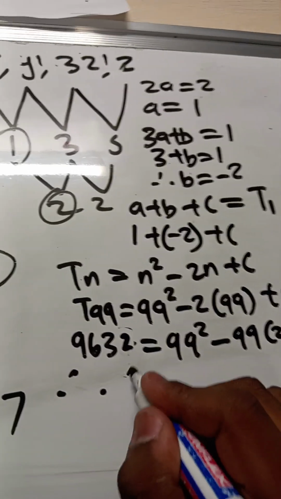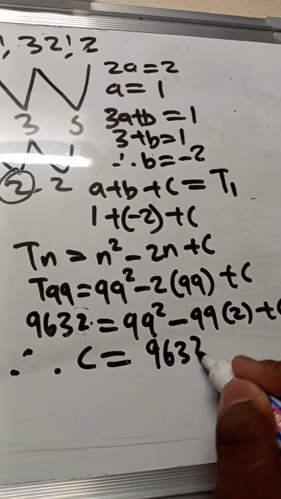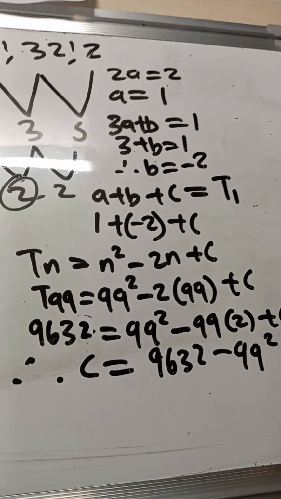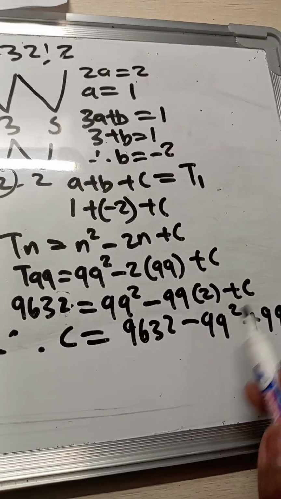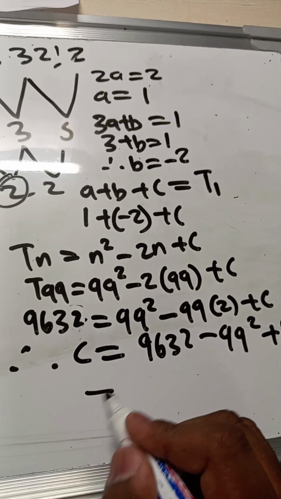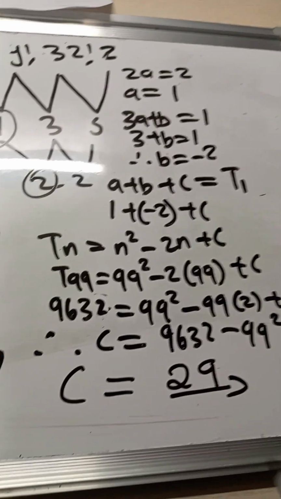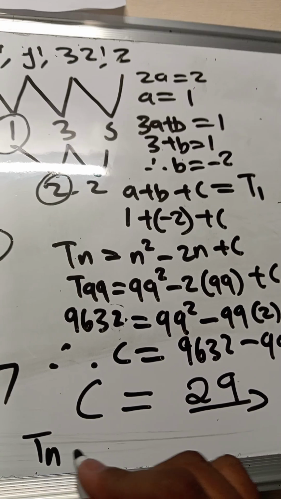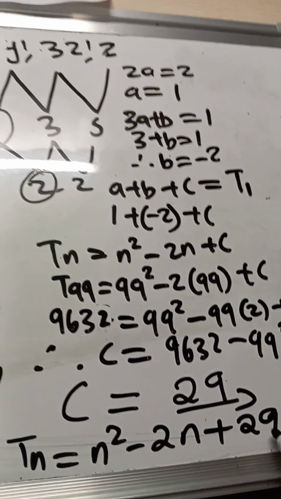Therefore, the value of c will be equal to 9632 minus 99 squared plus 99 times 2, because I'm taking everything to the left hand side. Which means my c is equal to 29. To conclude mathematically, Tn is equal to n squared minus 2n plus 29.